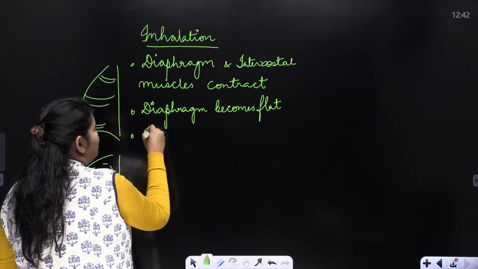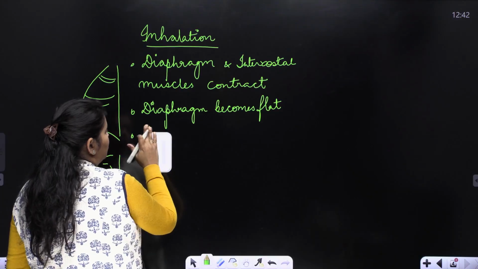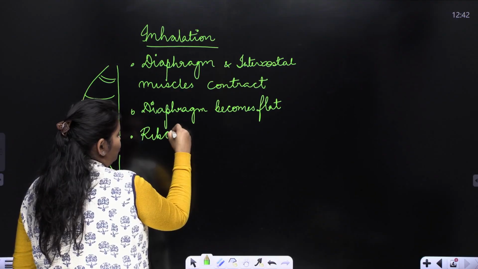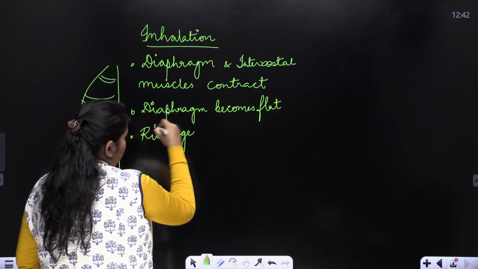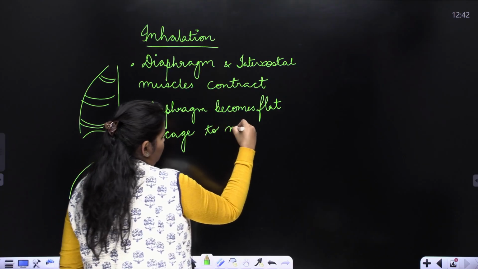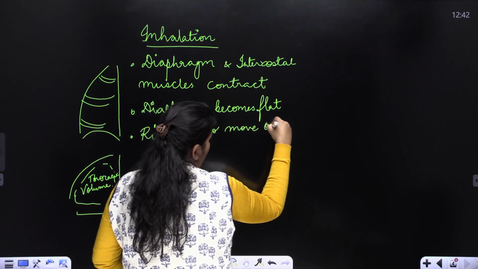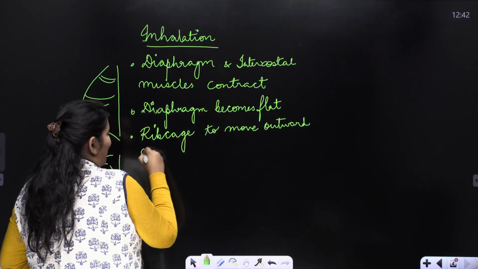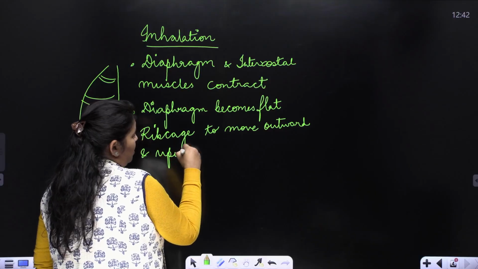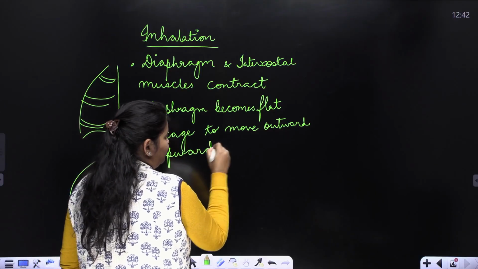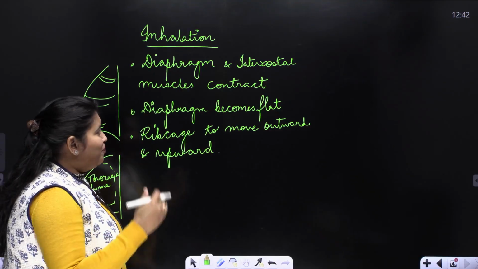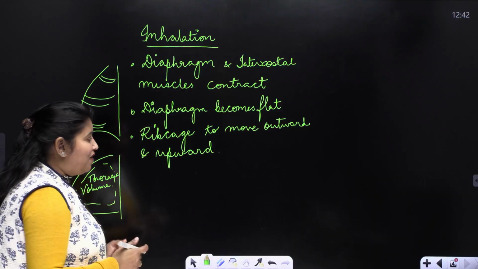The intercostal muscles contract and cause the rib cage to move outward and upwards. All right. So the rib cage moves outward and upward and the diaphragm is becoming flat.